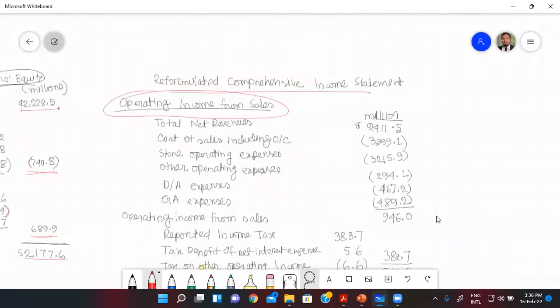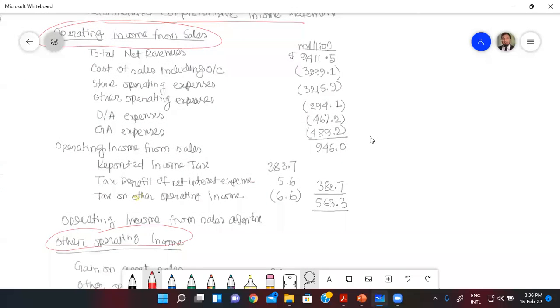Okay, so first things first, the operating income from sales. The total net revenue is straightforward, the positive amount here. The cost of sales, including occupancy cost, is a cost directly connected to sales, not remotely. That's why it is here, the negative amount. The store opening expenses are obviously connected to the sales.